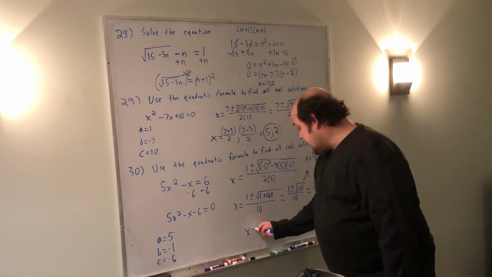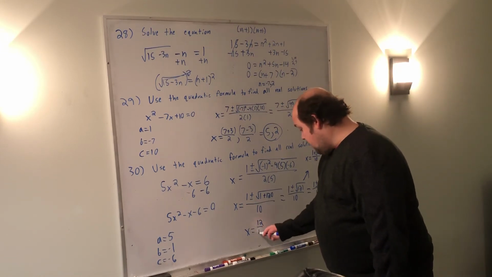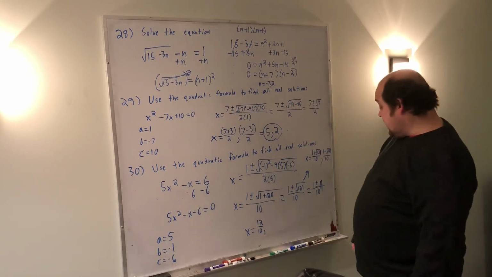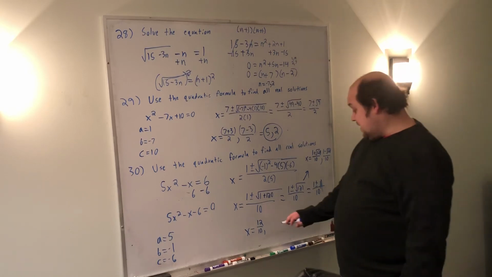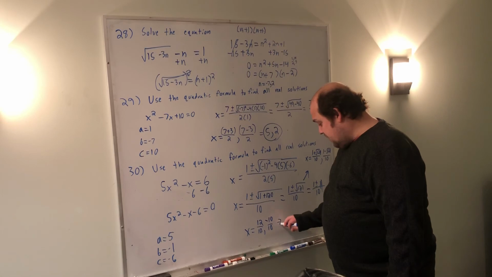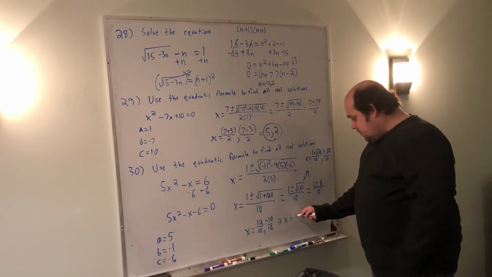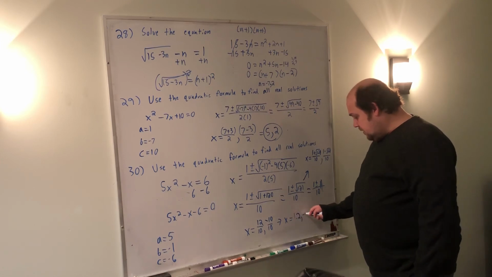So that means x equals first the positive version, 1 plus 11 is 12 over 10. Then the negative version, 1 minus 11 is negative 10 over 10. The way I'd actually write these are x equals 1.2 or negative 1.